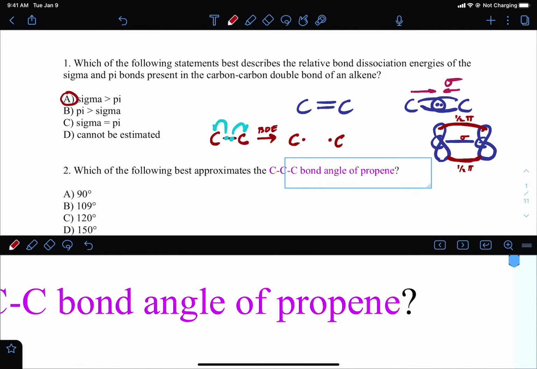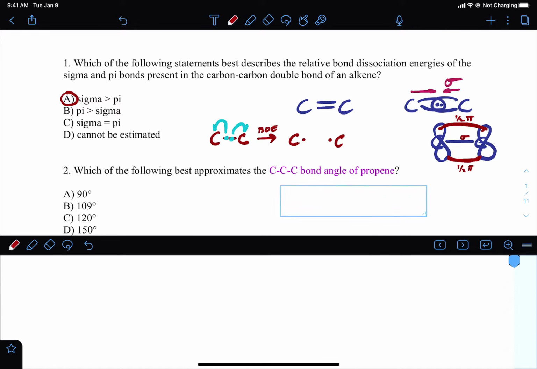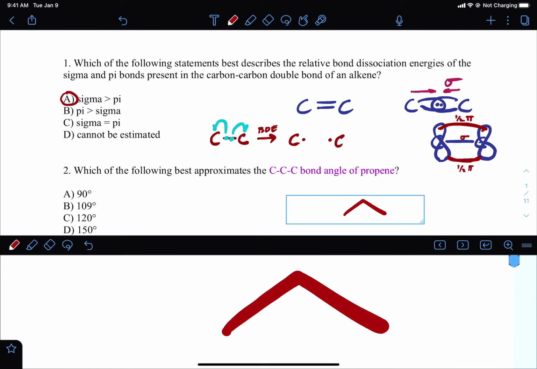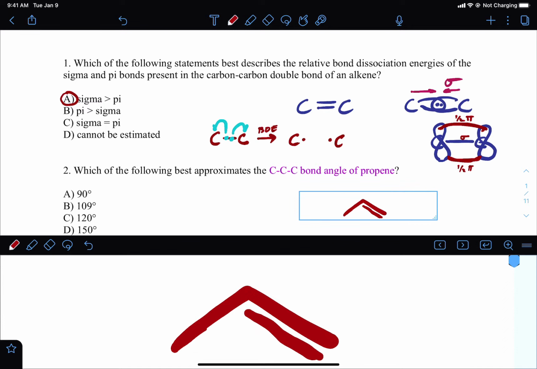First thing we have to think about is what is propene? The prop means 3 carbons. The ene means we have a double bond somewhere. And in propene, that double bond can really only be one place. So that's propene.